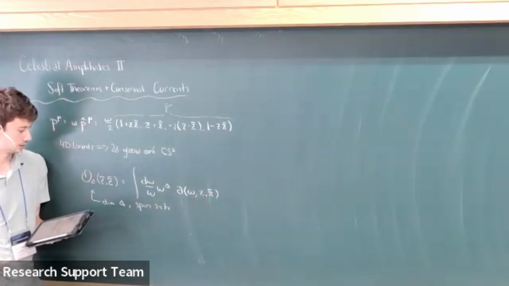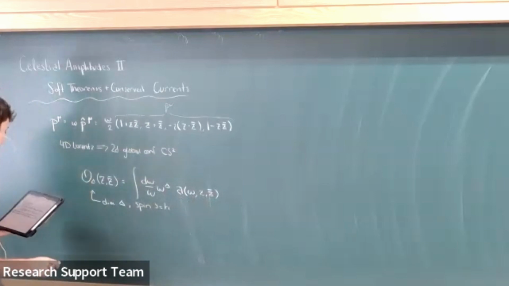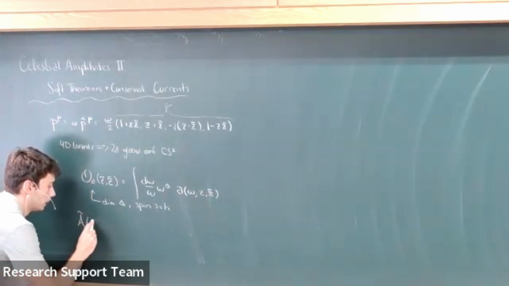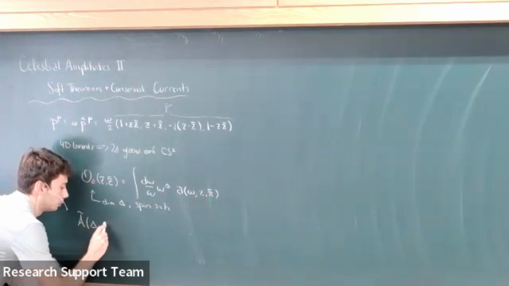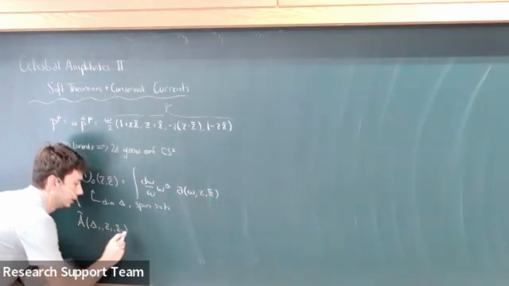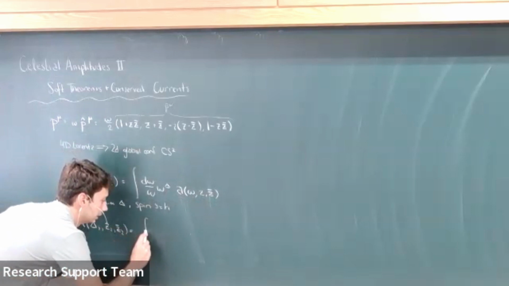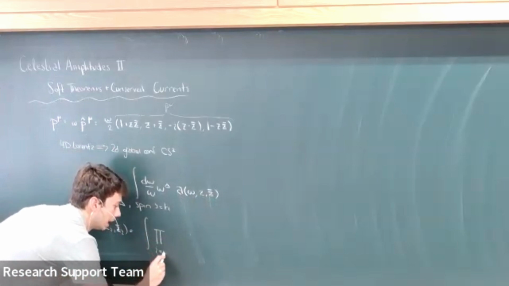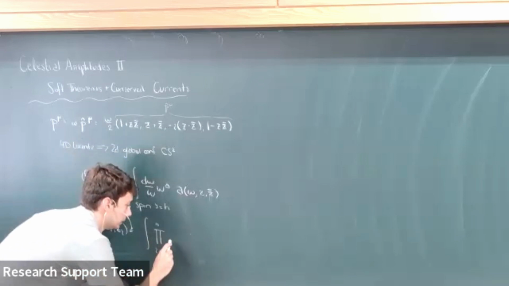Okay? The final equation I wrote down yesterday is that the celestial amplitude, which is a function of these conformal dimensions, as well as these coordinates on the celestial sphere, is just given by Mellin transforming all the external legs on a momentum space amplitude.